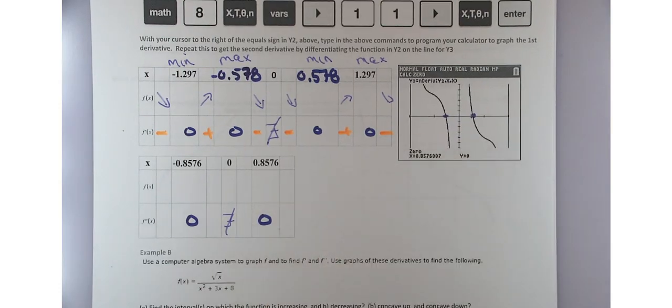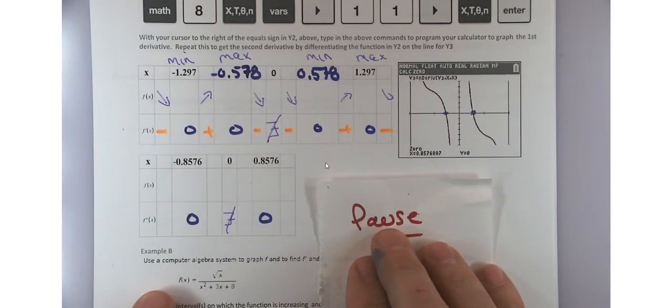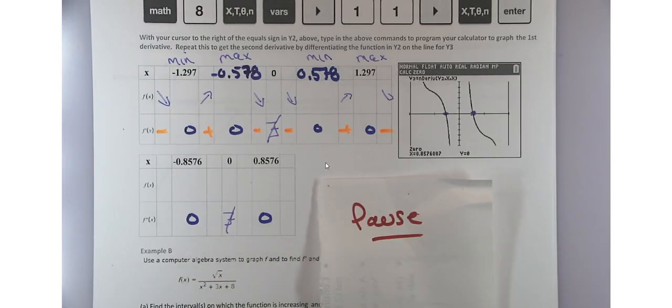Eyeball the graph. If you're watching this at home sometime in the future, then pause yourself. See if you can't fill in that chart.